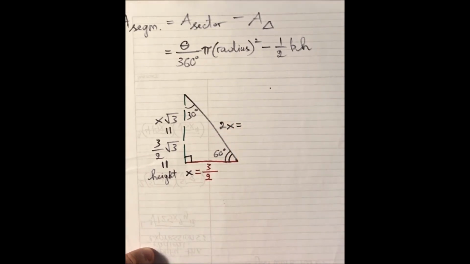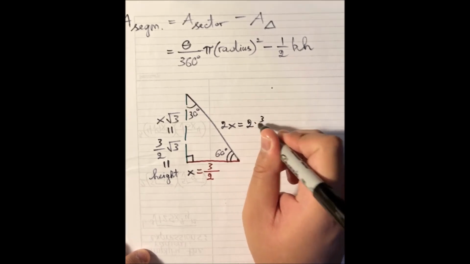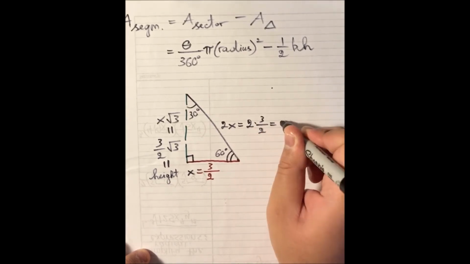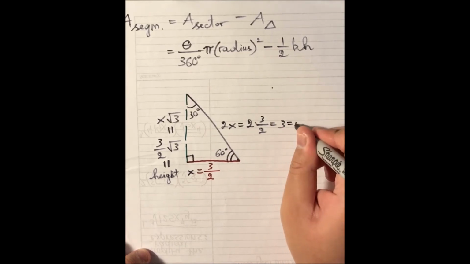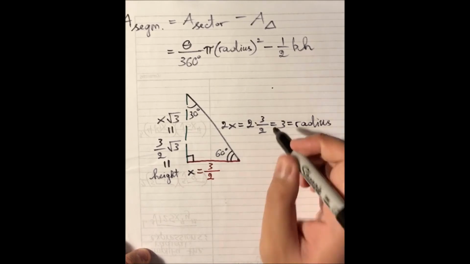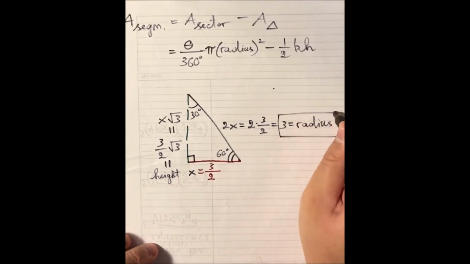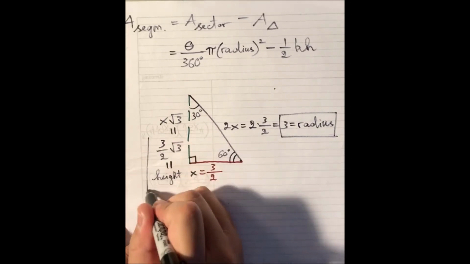Also, since x is 3/2 and the hypotenuse, which is also the radius of the circle, is 2 times x, that's going to give us 2 times 3/2, which is just going to be 3. And this is the radius. And this is the height.